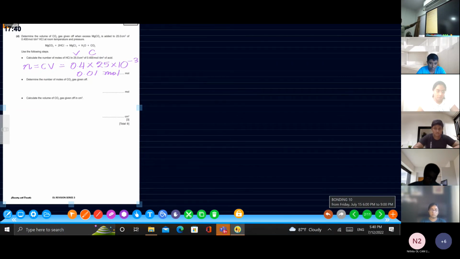I'm discussing the revision series 3 essay paper. Determine the number of moles of carbon dioxide given. So you can see HCl and carbon dioxide, the ratio is 2:1.